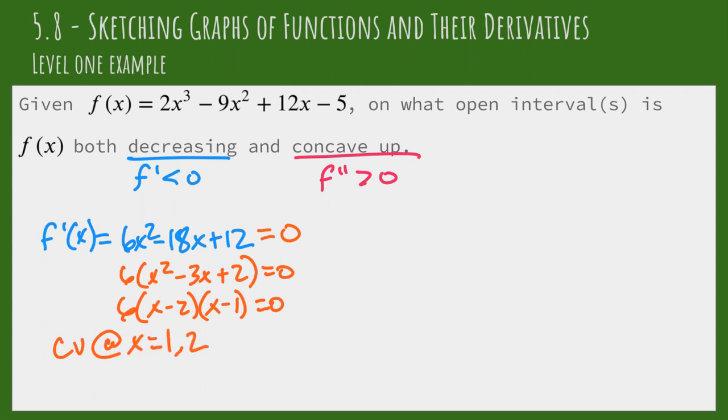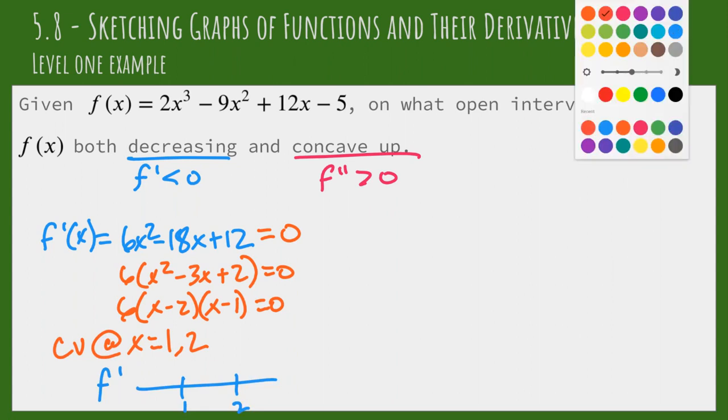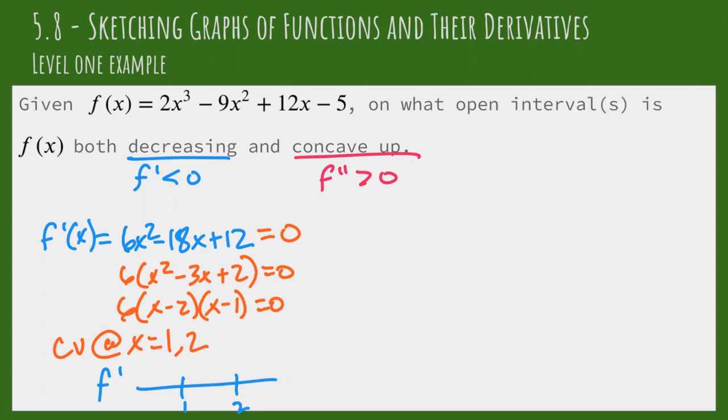So now I'm going to make a sign chart for the first derivative. At x equals 1 and x equals 2 is where the sign of the derivative could change. If I plug in a number to the left of 1, say 0, I'm going to get a positive times a negative, which is going to be a negative... I mean positive.